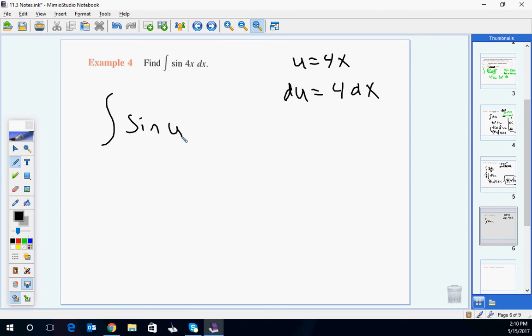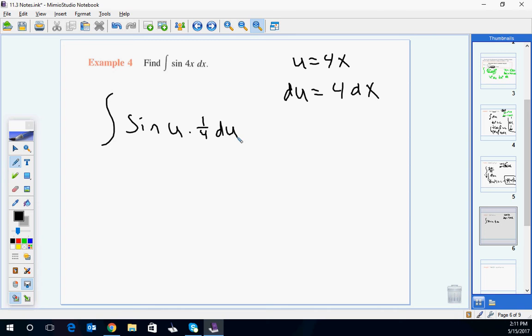What's that mean? We need 1/4, correct. Another way of thinking about this is we're trying to replace dx, right? What if I divided by 4? That's 1/4 du equals dx.